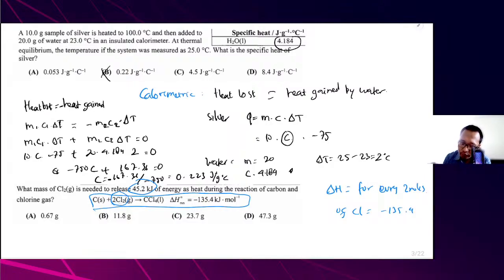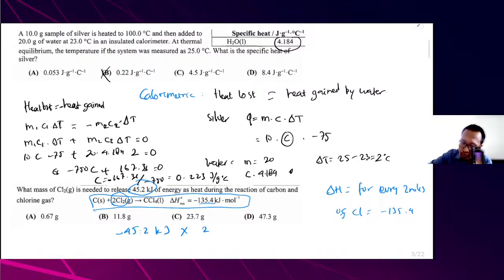Using this data, 2 moles release minus 135.4. Now if we just want to release 45.2 kilojoule, how to do that is pretty easy, just using calculation. Minus 45.2, because it's released, right, kilojoule, times 2.